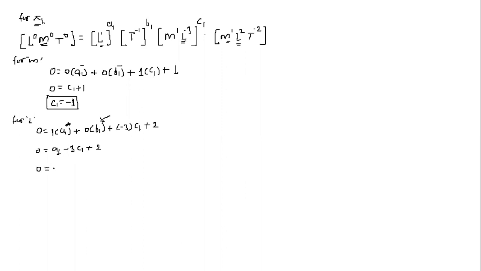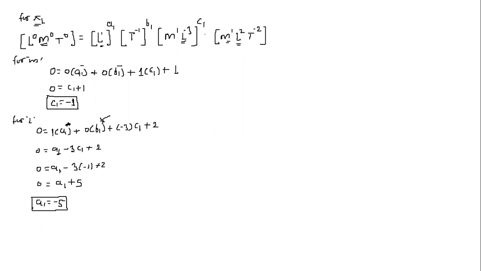It is 0 is equal to A1 -3 into C1, which is -1, plus 2. So 0 is equal to A1 plus 5. Right, so A1 is equal to -5.